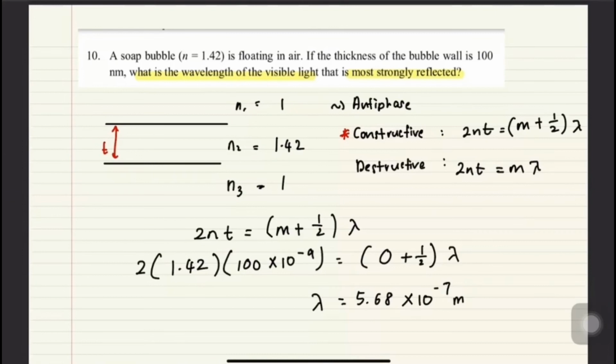So obviously you can change to negative 9 and then write it down in nanometer, but I suggest you just leave it as it is. If you try to do something else, maybe you get it wrong and then everything becomes messed up. Okay, anyway, any question for this question?